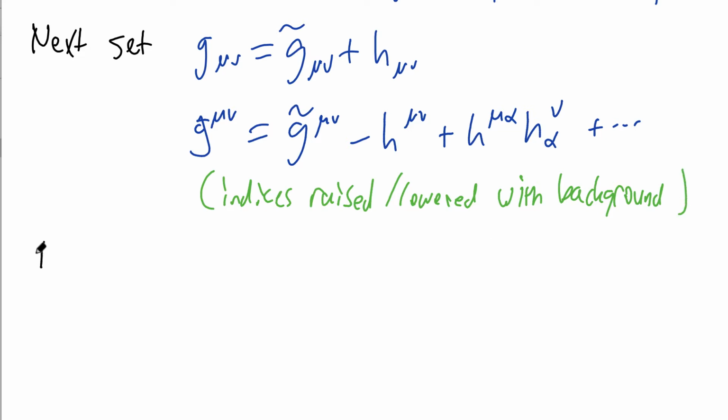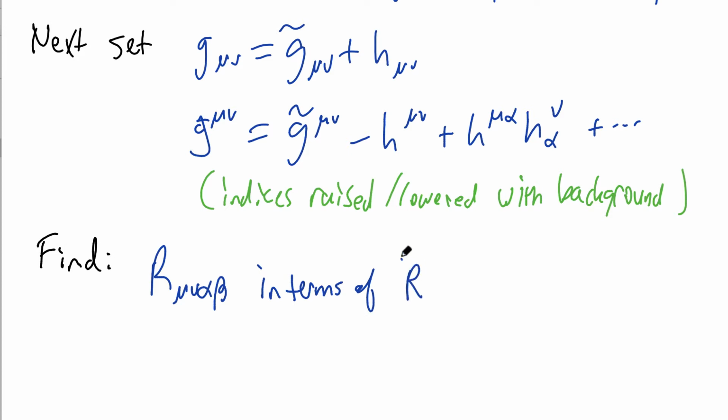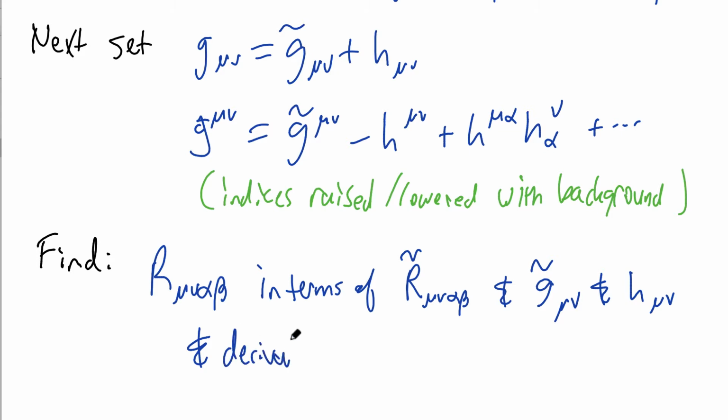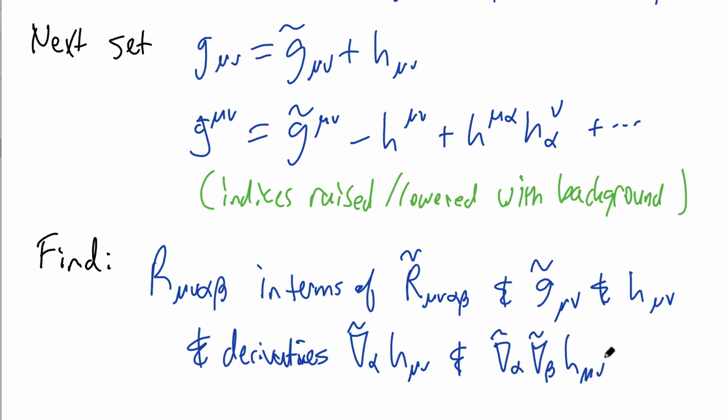And now using this result in our Riemann tensor, we find R mu nu alpha beta in terms of R tilde mu nu alpha beta, the background metric and the perturbation, and also derivatives of the perturbation. Del alpha h mu nu and del alpha del beta h mu nu.